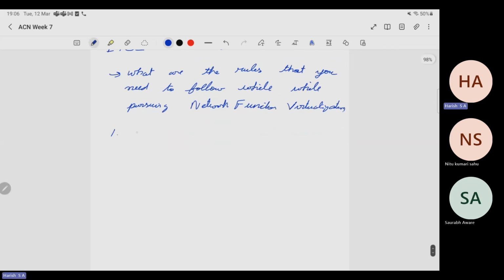First is it must be general, right? It must be general enough such that it works for a myriad of cases, right? Second, it must be portable, since if you write a piece of code and if you're running it on one CPU, you cannot say that it won't run on the other CPU. So basically, it means that there should be portability of the code that you write, which is going to act as the network function.